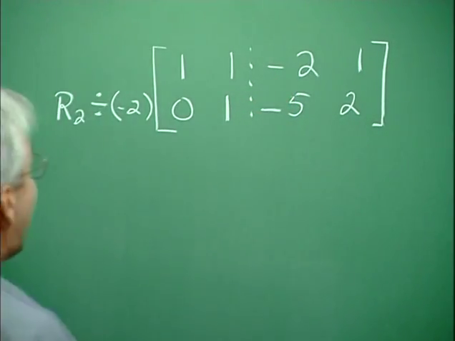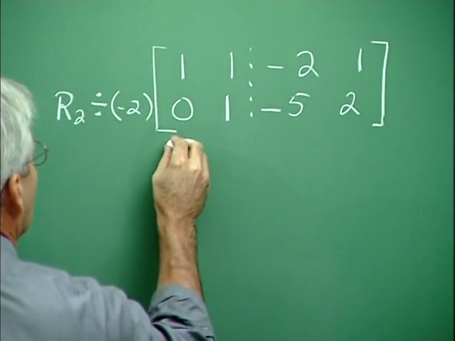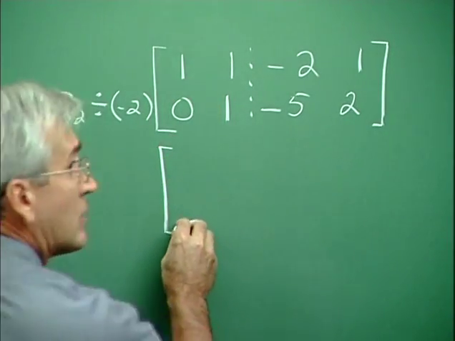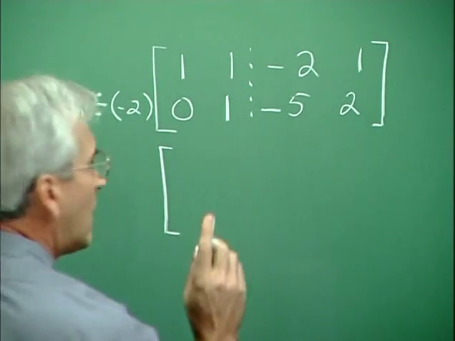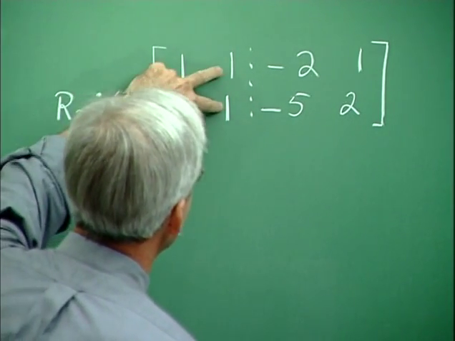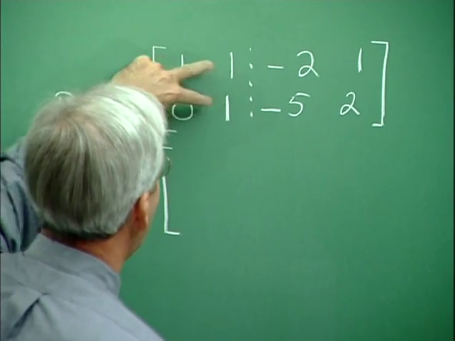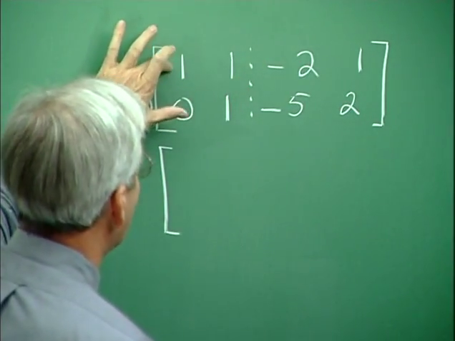Now, the last thing I need to do is cause that rascal to be a 0, and to do that, I'll play these two off of one another. I have to be a little careful about this because whatever operation I do right here, I have to do throughout the 2 rows, and I don't want to mess this arrangement up.